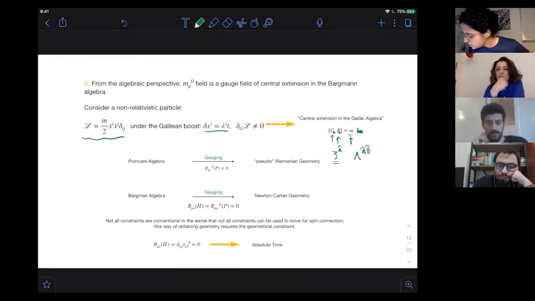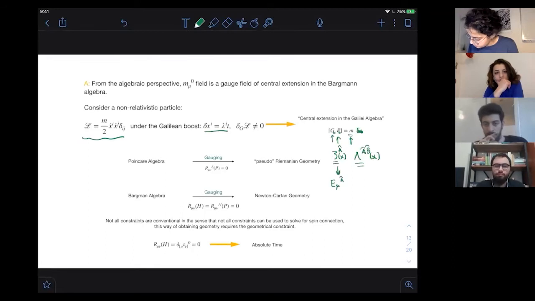This is translation, this is Lorentz transformation. If you want to gauge it, that means you want to make these parameters local, space-time dependent. The cost to pay is that you have to introduce gauge fields corresponding to these transformations. This is something we always do.